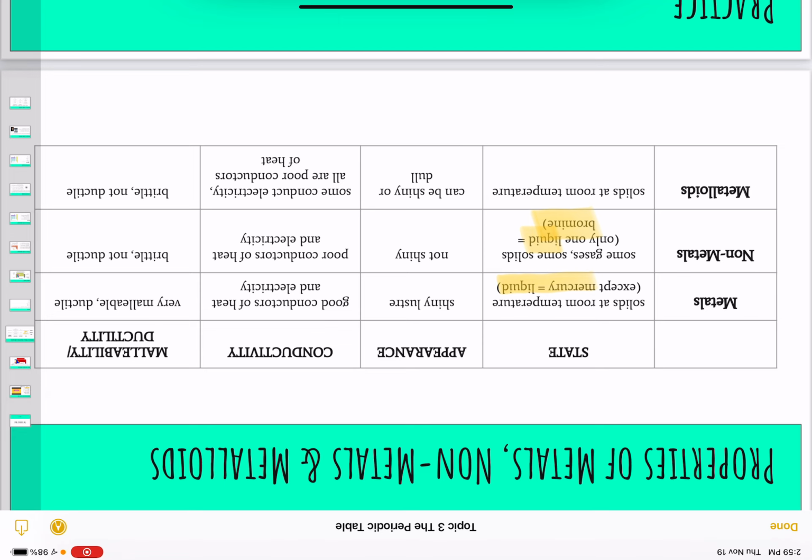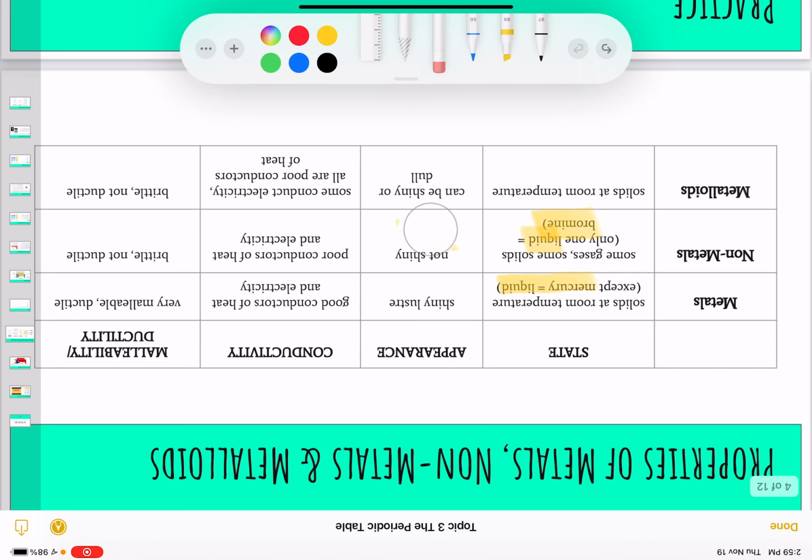Nonmetals are not shiny, they're poor conductors of heat, and they're brittle or not ductile. Metalloids, on the other hand, are solid at room temperature, so there are no exceptions to that rule. They can be shiny or dull, so there's sort of that mixture in between.